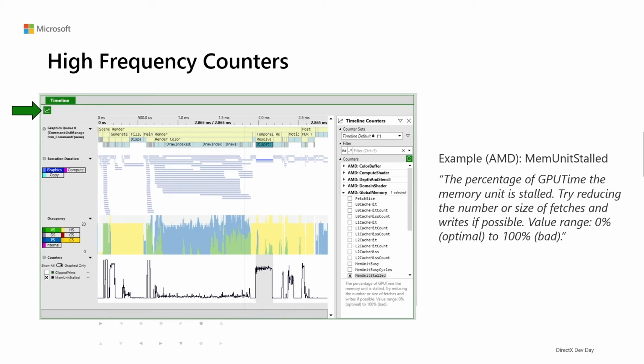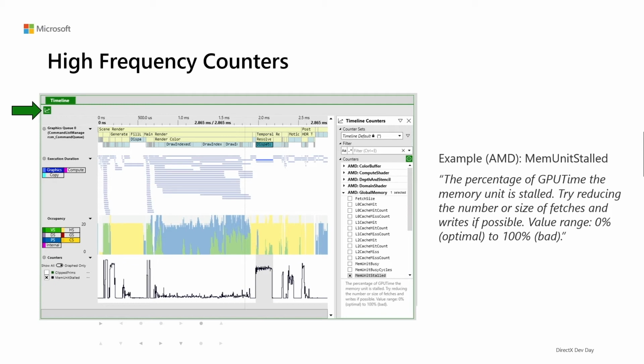The high-frequency counter graphs are great at helping you understand what is going on within individual GPU events, and especially long-lived ones such as dispatch arrays. But they're also great at giving you a nice visual overview of the counter's value over time and help you easily spot trends or spikes and things like that.